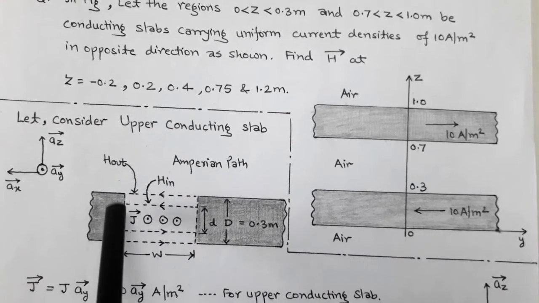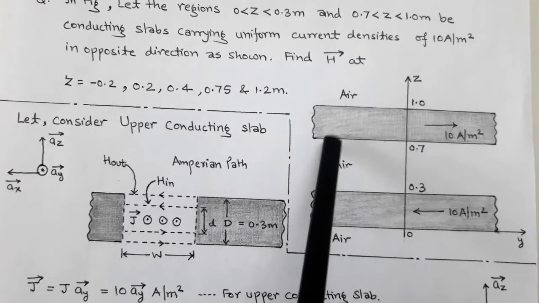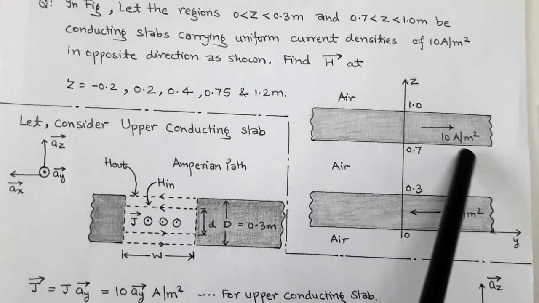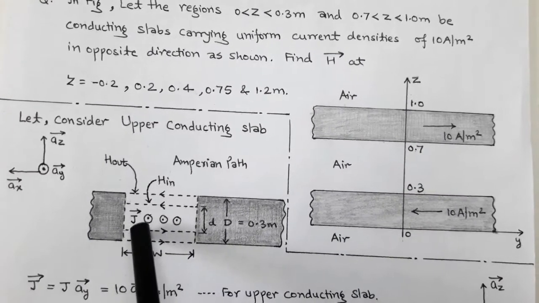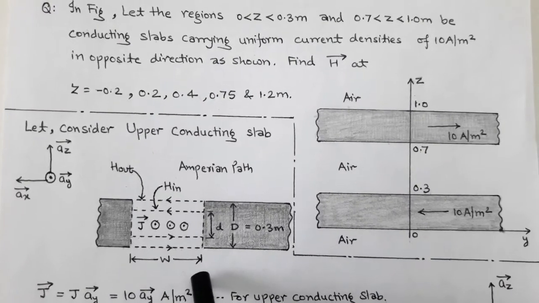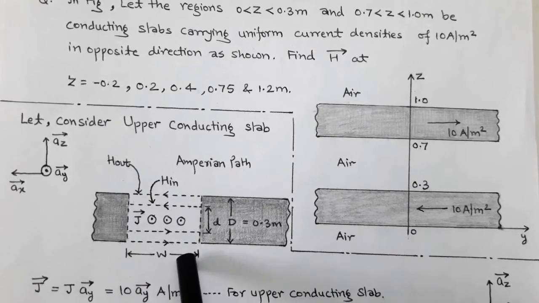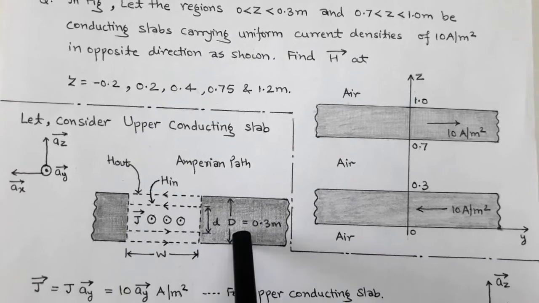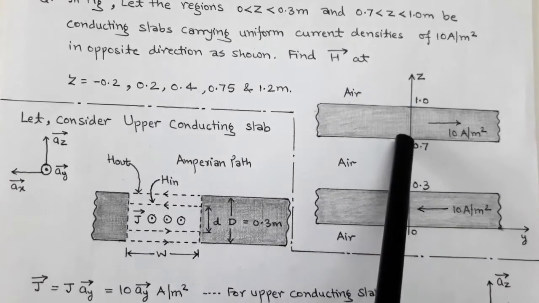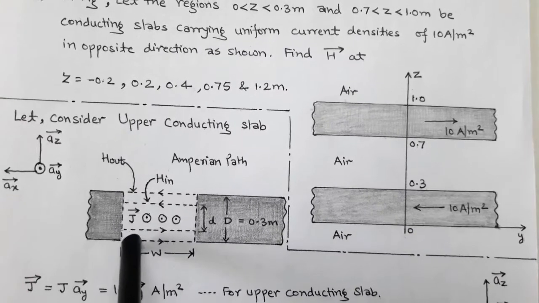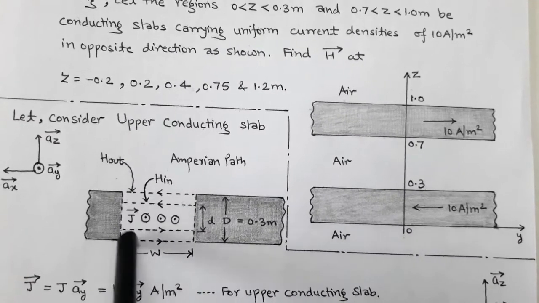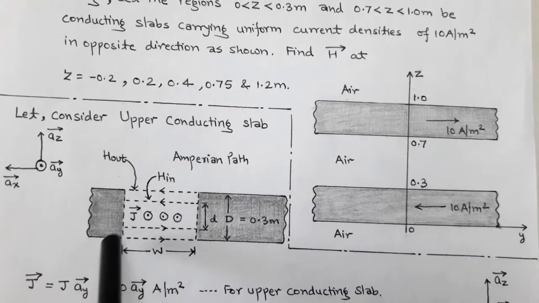So here we consider the upper conducting slab in which the current density is toward the positive y direction. From the given figure, this conducting slab has a width of 0.3 meter. We assume an Amperian path that is inside the slab or outside the slab.